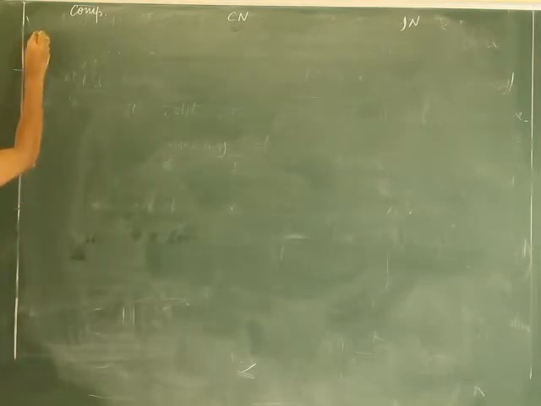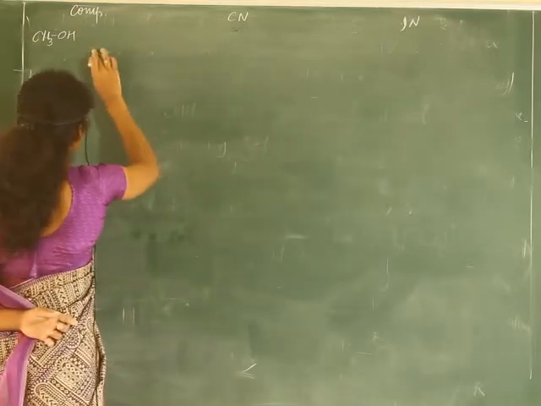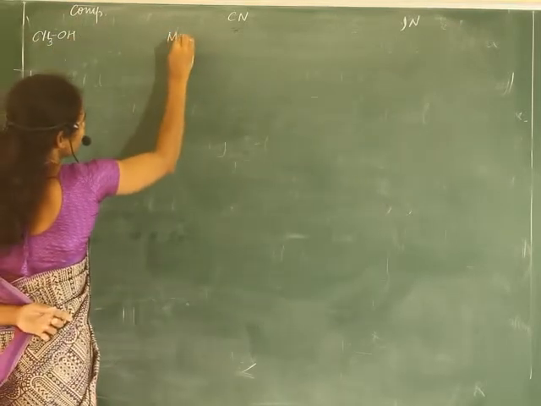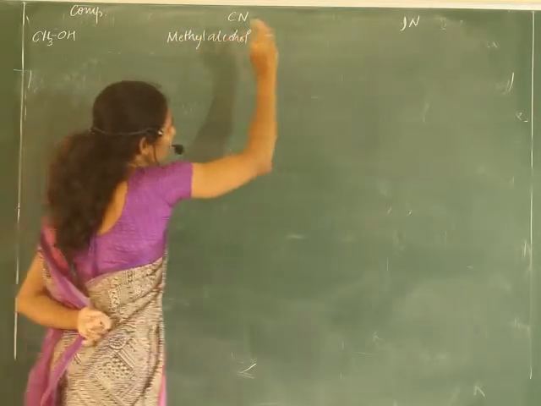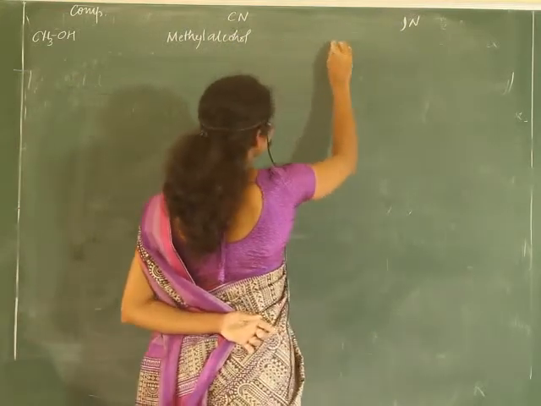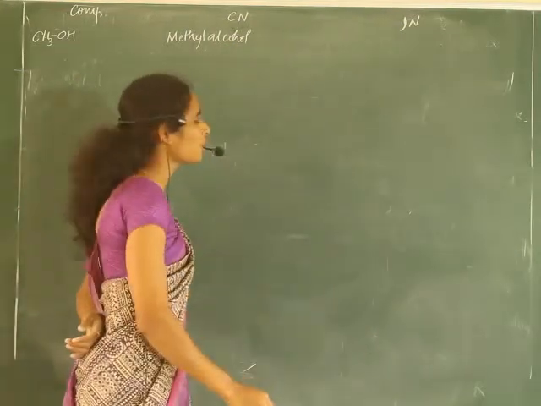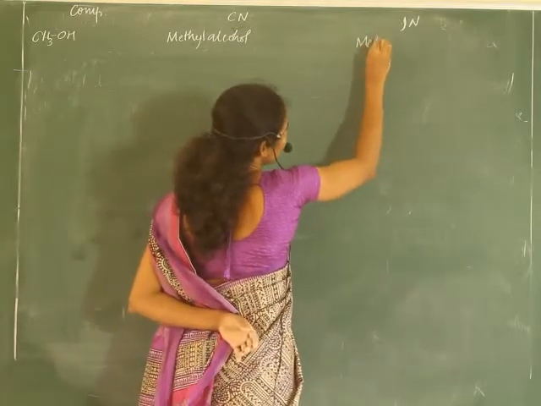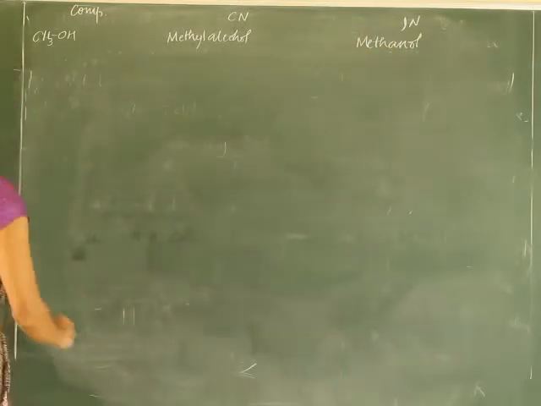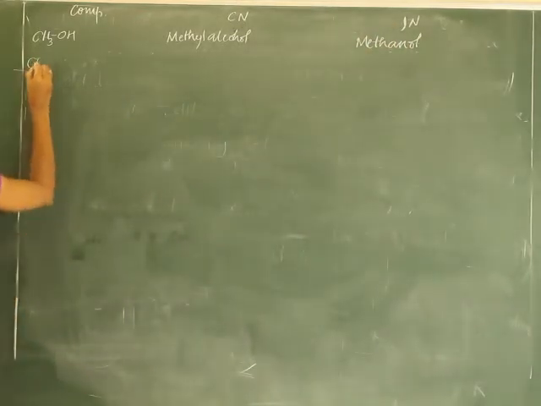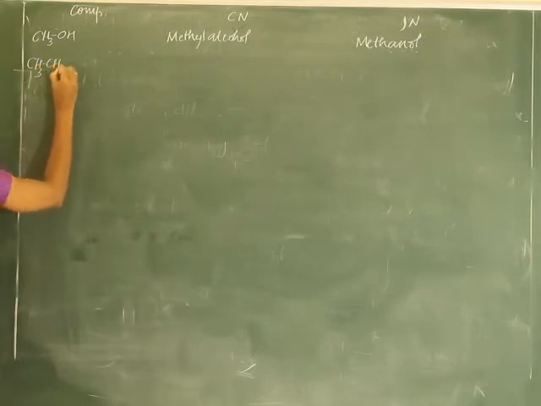Let me write the first example, that is the simplest alcohol, CH3OH. The common name of this compound is alkyl alcohol, that is methyl alcohol, right? And the IUPAC name of this compound is what? E is replaced by ol, that is methanol, right?